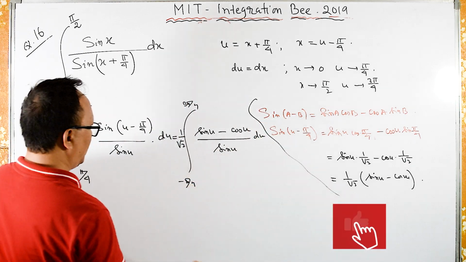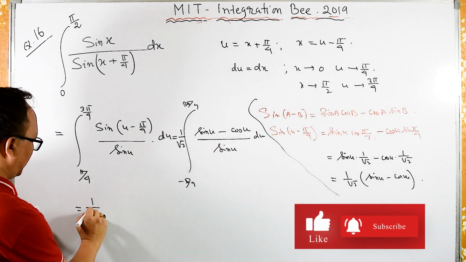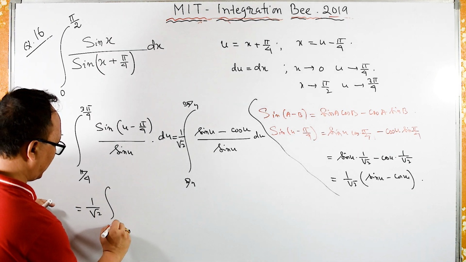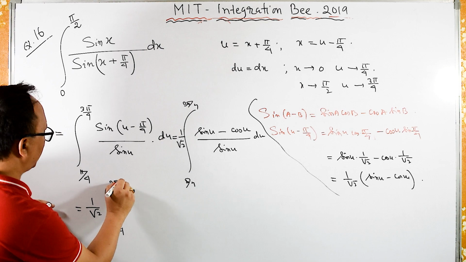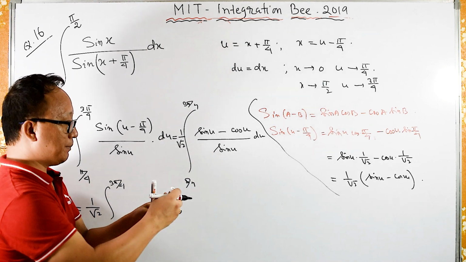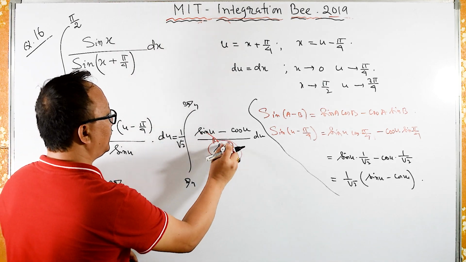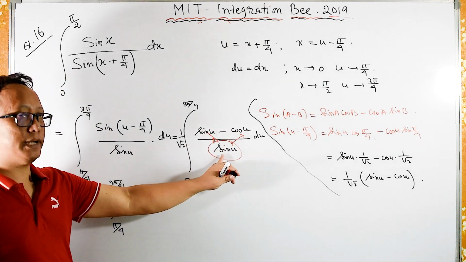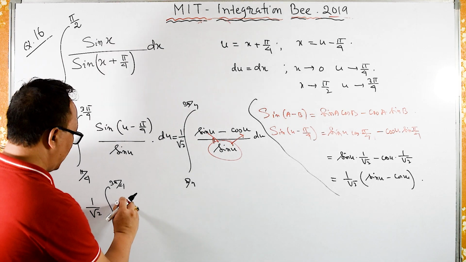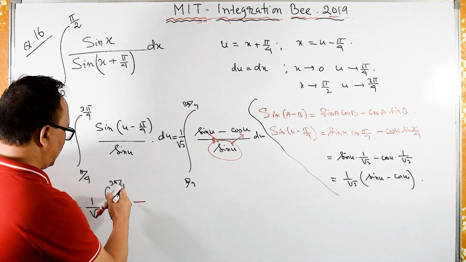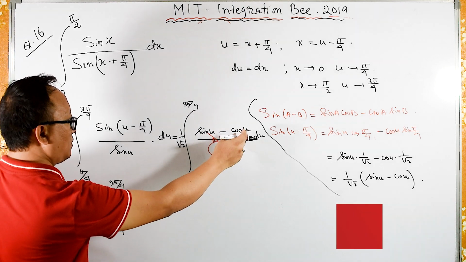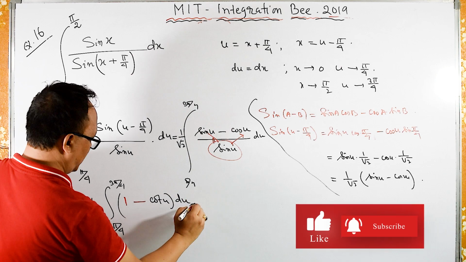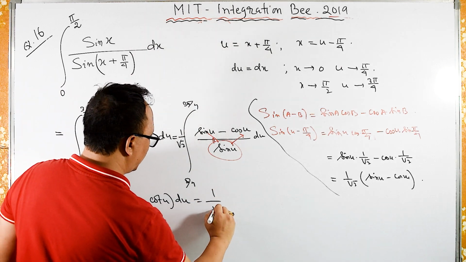So equals 1 by root 2, with limits pi by 4 to 3 pi by 4. Now I can separate this: this upon this and this upon this. Sine u upon sine u is 1, so I have 1 minus cos by sine, which is cot, of u into du.